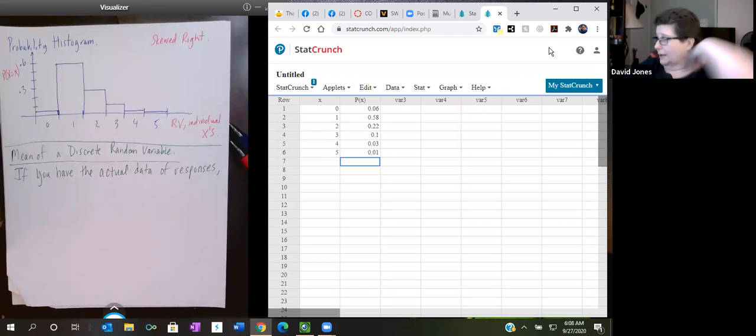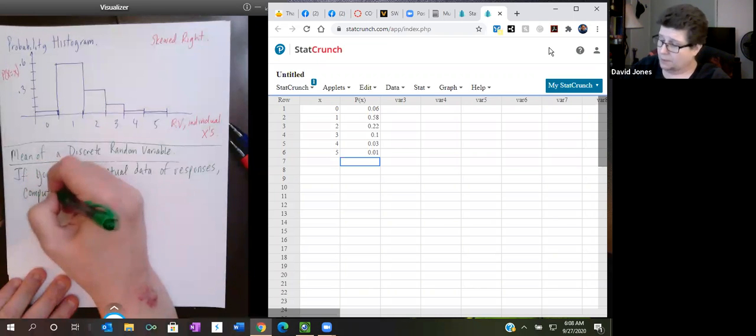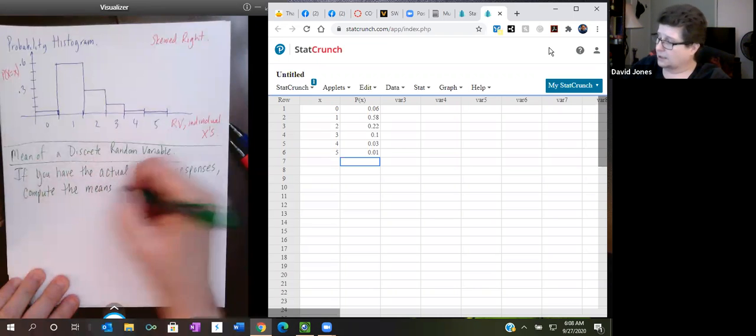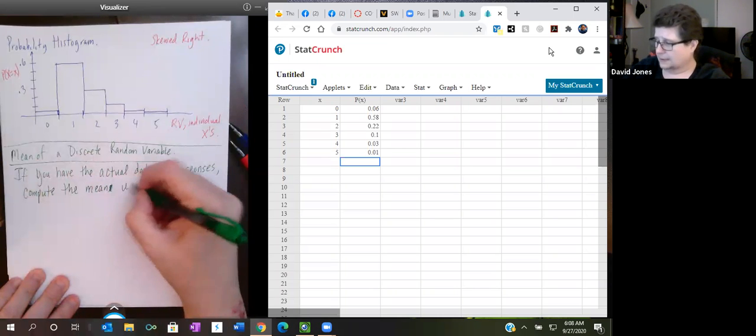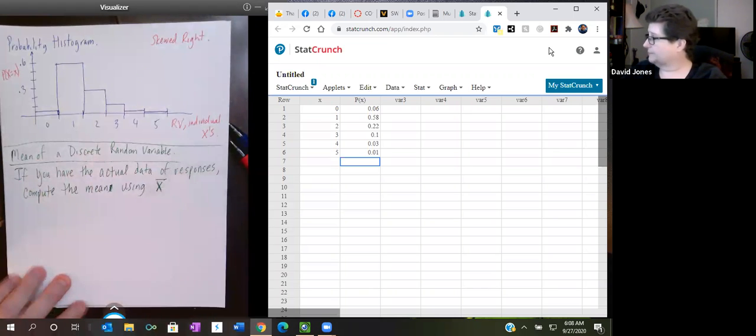I just add them all up and divide. That's our X bar formula.